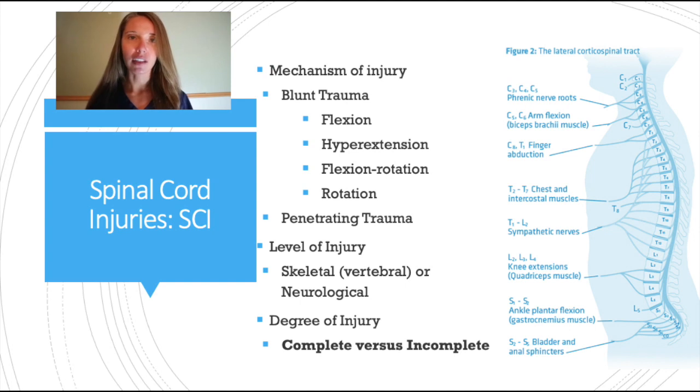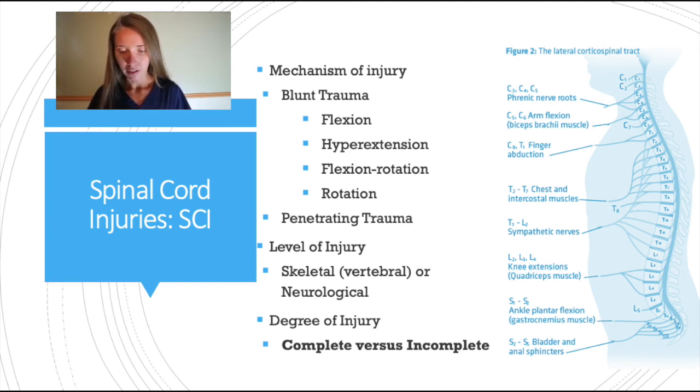Depending on the level of injury, where that spinal cord injury occurs along the spinal cord is going to give you an idea of what to expect as far as what the patient might be experiencing with their motor or sensory deficits. They may have a motor deficit, they may have a sensory deficit, they may have a mixture of both, depending on where the lesion or damage is in the spinal cord.